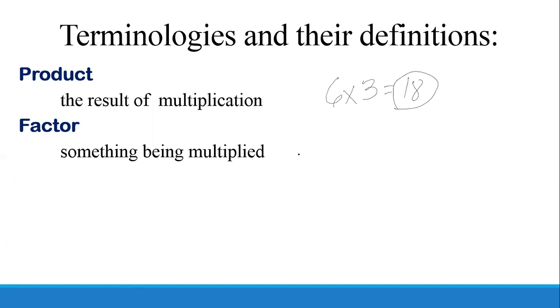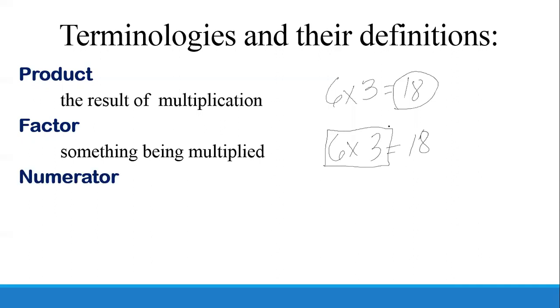In our example, 6 times 3, we said a while ago that 18 is the product. So 6 and 3 are the factors of 18. There are two of them, so factors of the product, which is 18.